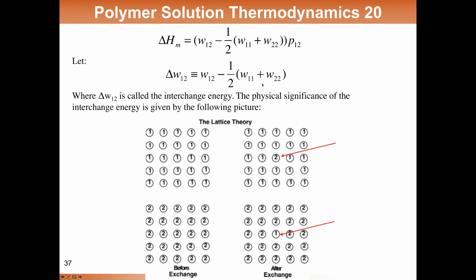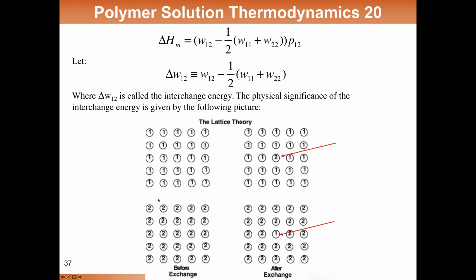is defined this way. Lattice theory would assume that before you have a mixing of two components, 1 and 2, and this is widely used in low molar mass mixtures, so you won't see any of the molecules connected in this case.